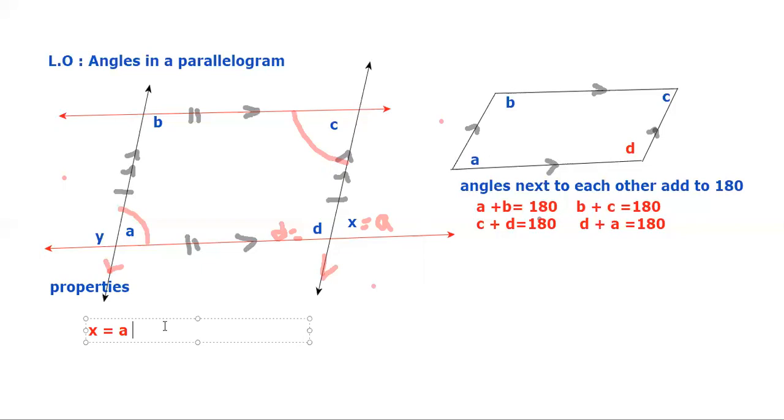But X equals C, by alternate angles. I think I should be writing reasons here. X is equal to A, corresponding. I'll write corresponding here so that you can see.